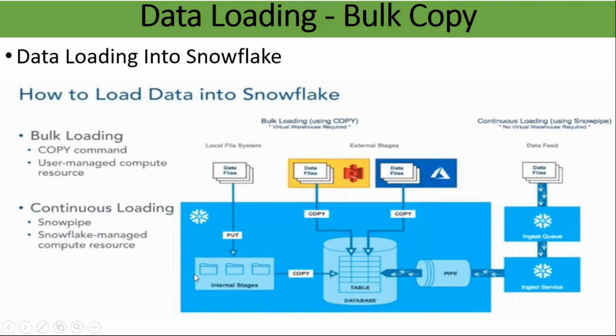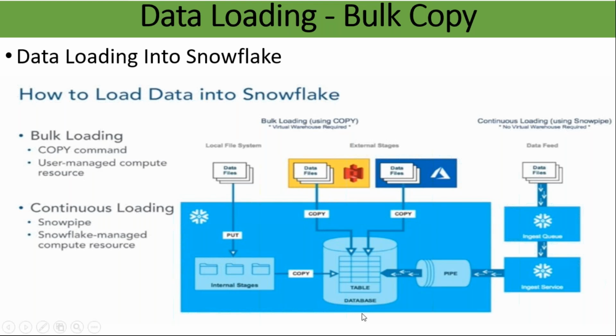This part indicates the bulk loading. You may have data in your local file system, and you may have data in external stages, like in S3 or Azure Blob or a GCP bucket. Now, if you want to load the data into the Snowflake table, you have to load the data first into stages.